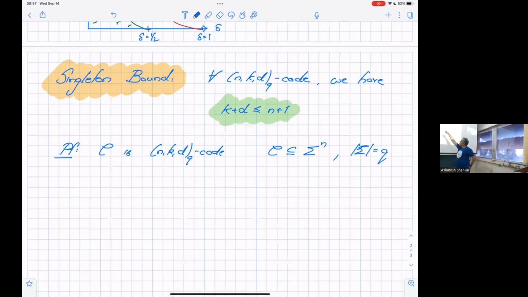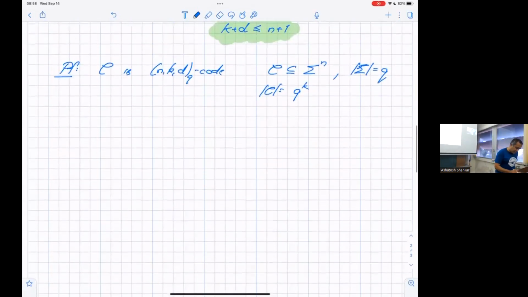Furthermore, we can assume that the size of C is q to the k. Sigma is a set, the size of sigma is q. And from this, we want to derive the bound. So what I will do is come up with a projection. Let's consider the following projection.